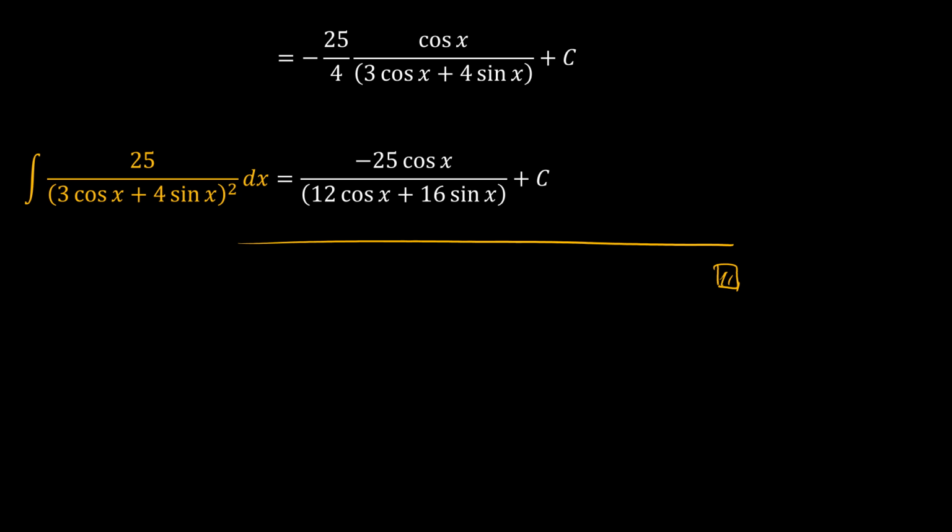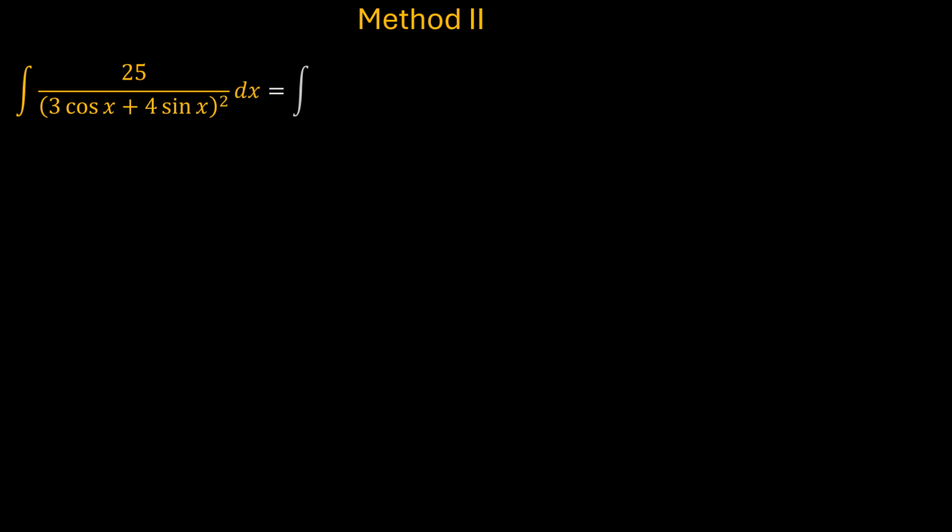So that's method 1. Let's look at the second way of doing it. The second method, what we're going to do is express the denominator in a slightly different way, and that is we would like to find the square root of the sum of the squares of 3 and 4, which is the square root of 25.